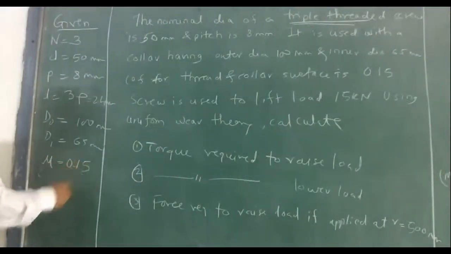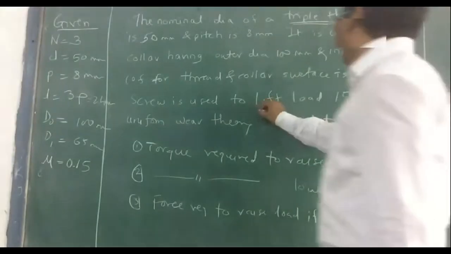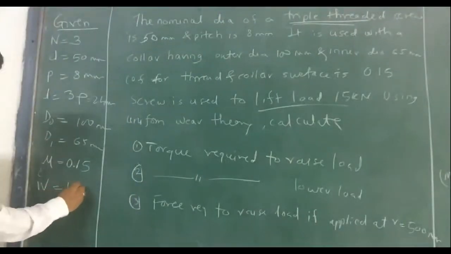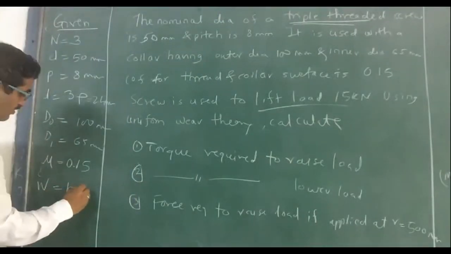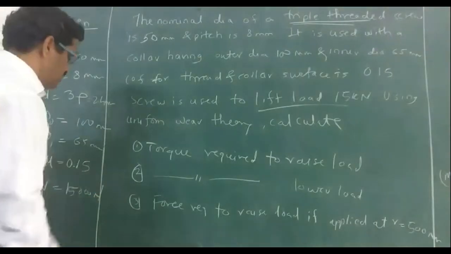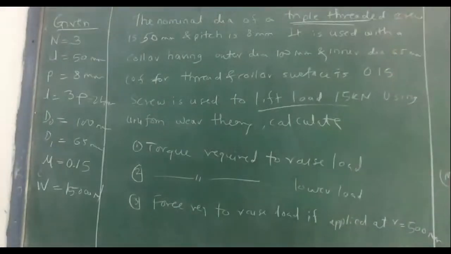Lastly, it is used to lift the load W, which is 15 kilonewton, so it is 15,000 newton. We try to keep everything uniform, so we have written down whatever is given.